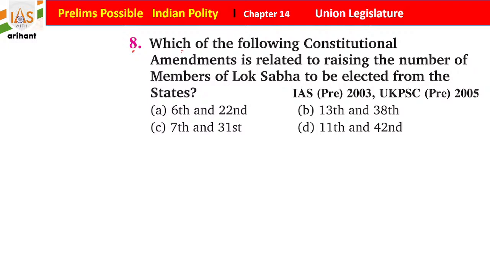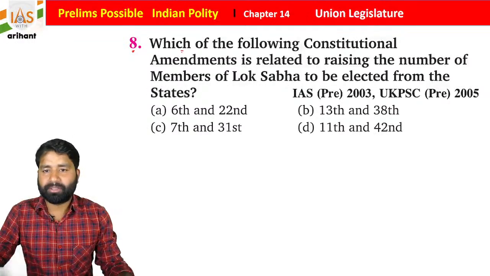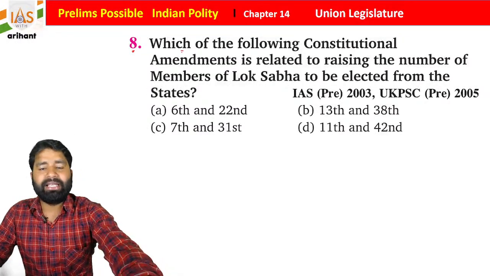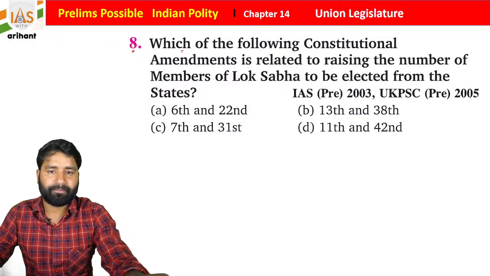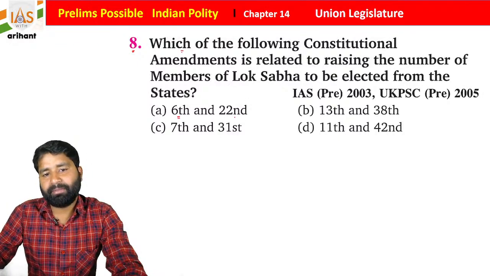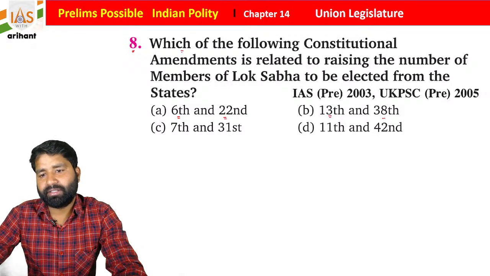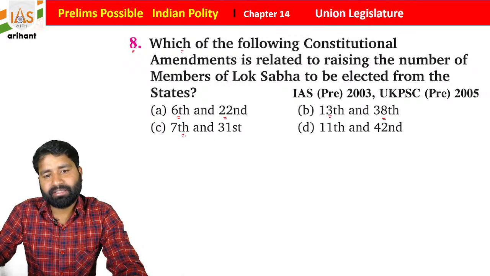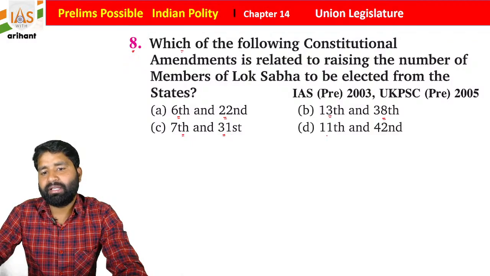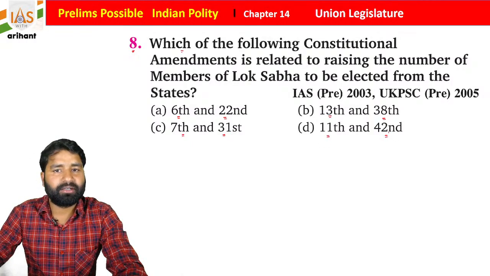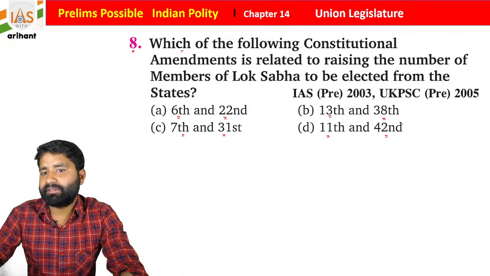Which of the following constitutional amendments is related to raising the number of members of Lok Sabha to be elected from the states, students? It is the 6th Amendment, 22nd Amendment, 13th Amendment, 38th Amendment, 7th Amendment, 31st Amendment, 11th Amendment and 42nd Amendment. So which amendment is right for the same?